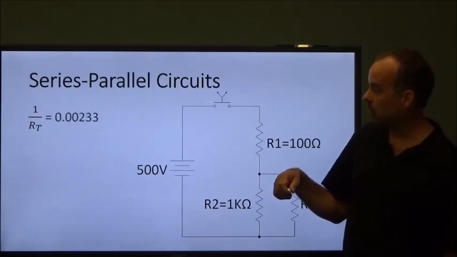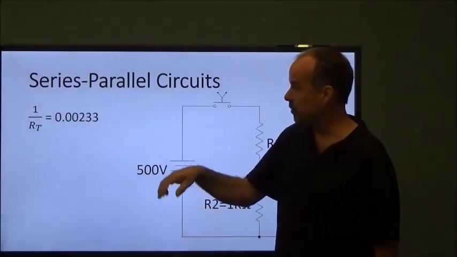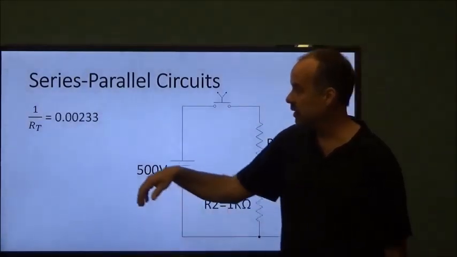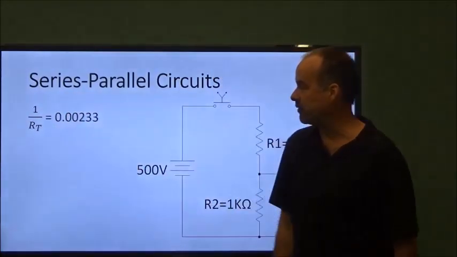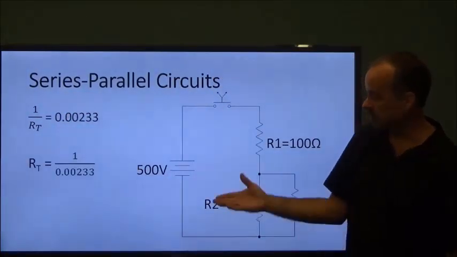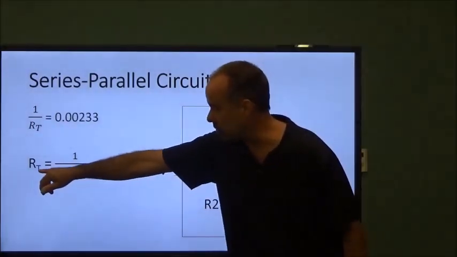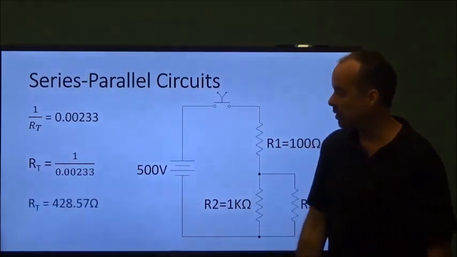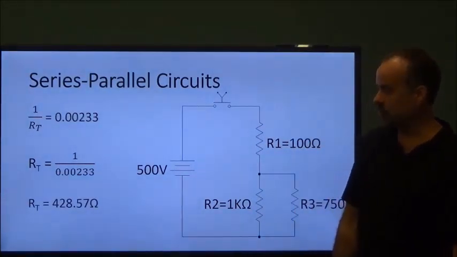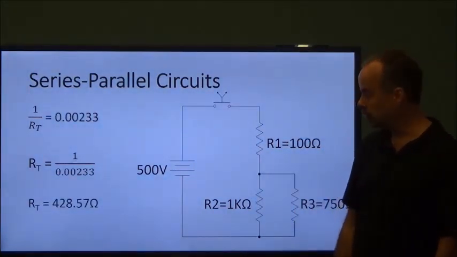Carrying that forward, if you remember when we did parallel circuits, all I want to do is move this 1 over here and leave RT by itself. I've done that, so now my total resistance becomes 1 divided by 0.00233, or RT equals 428.57 ohms.